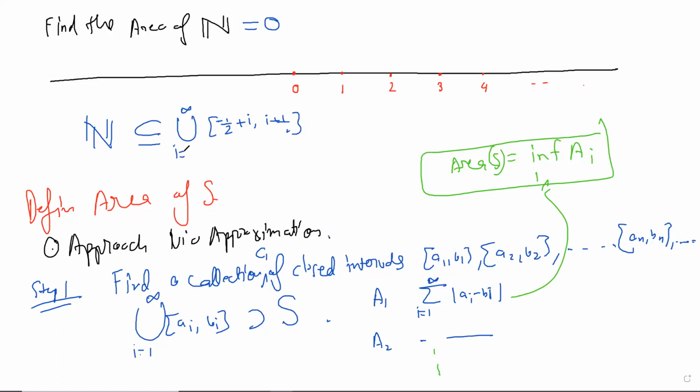So if this is the first thing, then these intervals can overlap and so on. There's no condition on all that. Okay, then what would you do, and what do you want to do next? So this is A1.